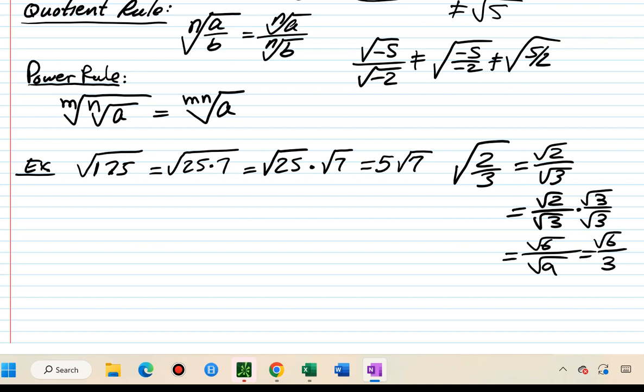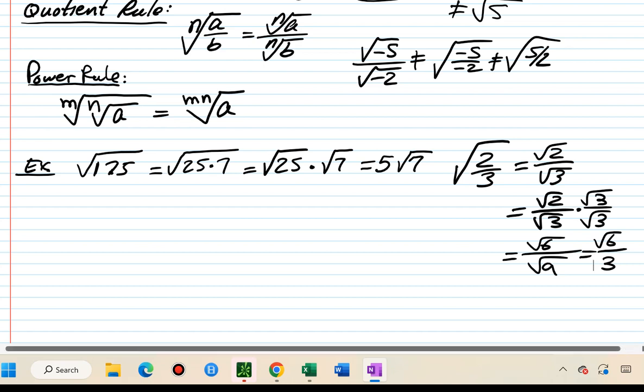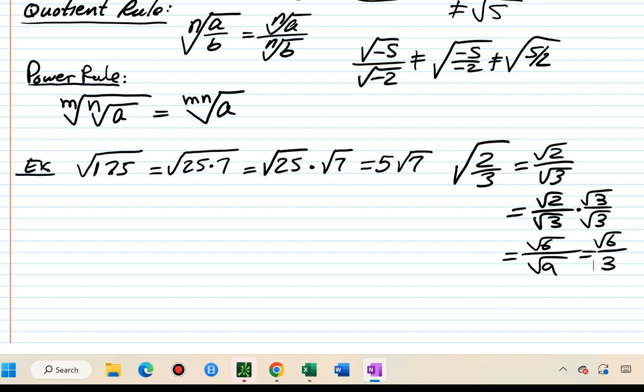Now, the exponent in the radicand and the index of the radical must have a GCF of 1. Which is pretty much what I mentioned earlier. That goes back to no factor raised to a power that is greater than or equal to the index.